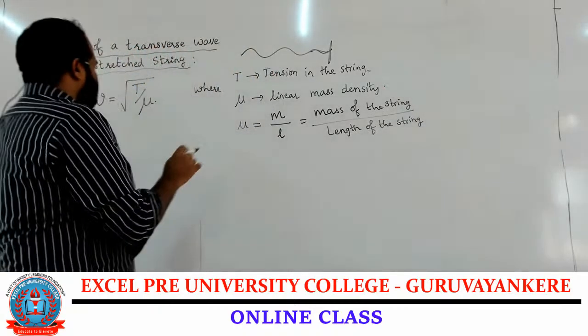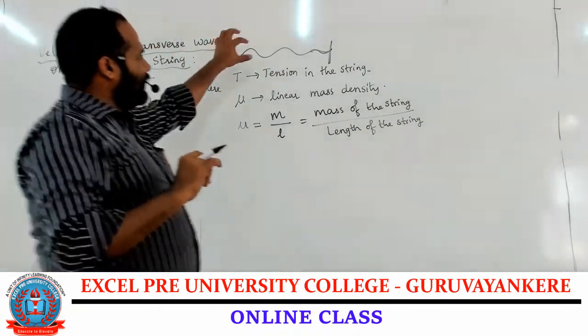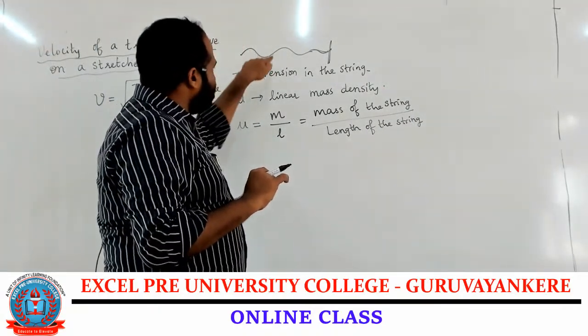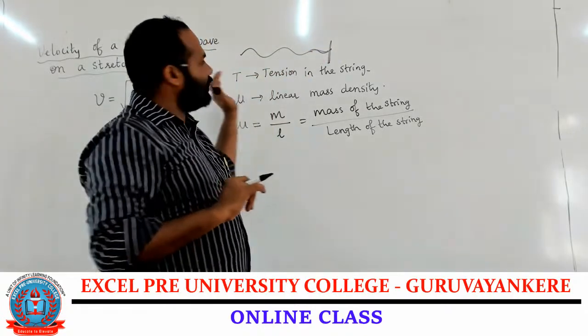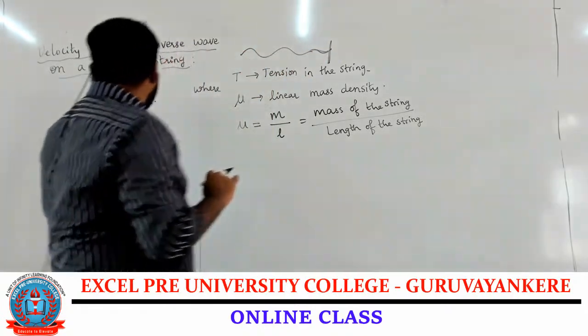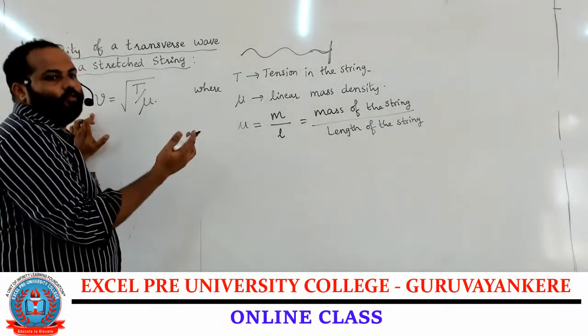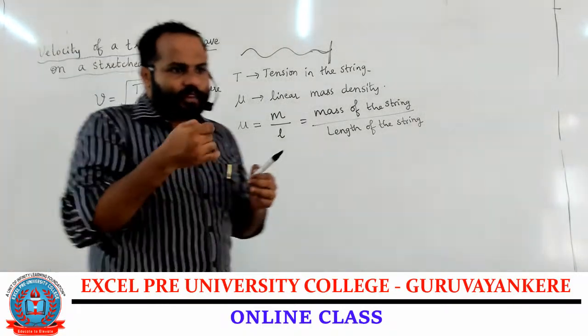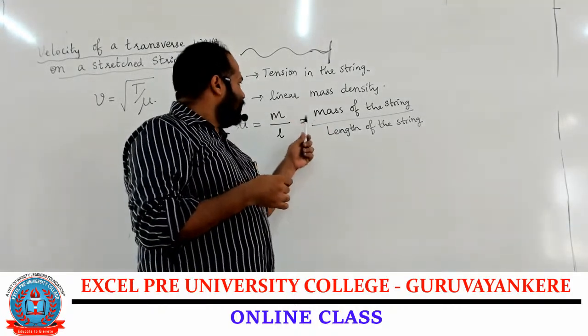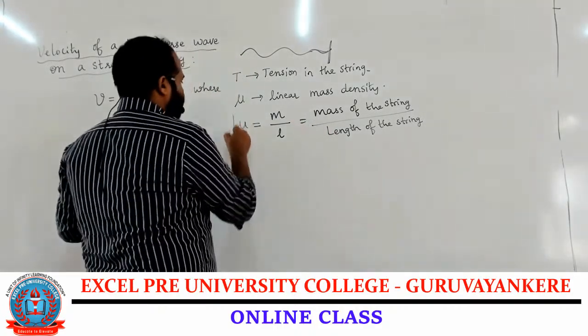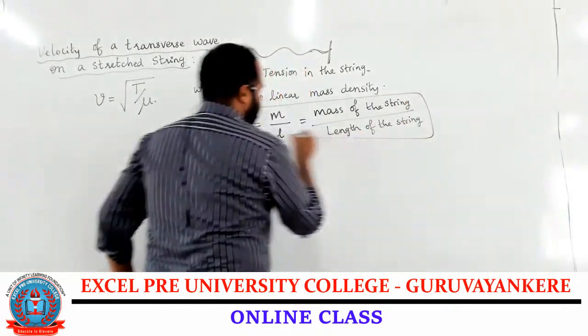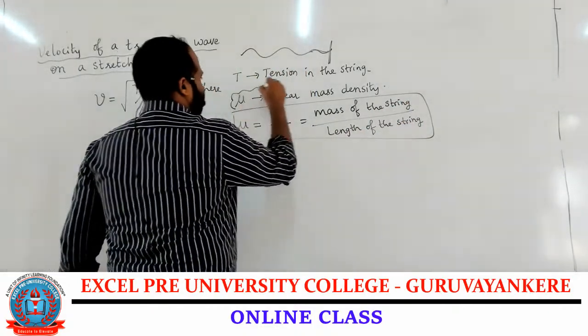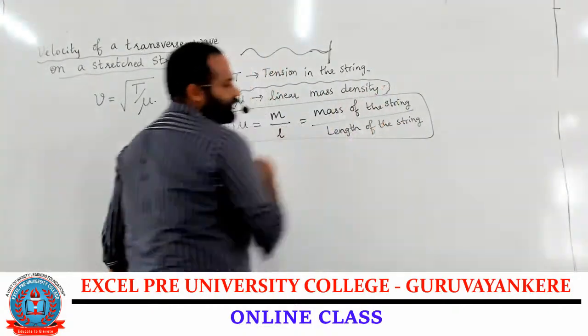So more the linear mass density, lesser is the vibration. It will take more time. So the velocity of the wave decreases in a stretched string. If the string is light and having lesser linear mass density, then velocity will be obviously more.